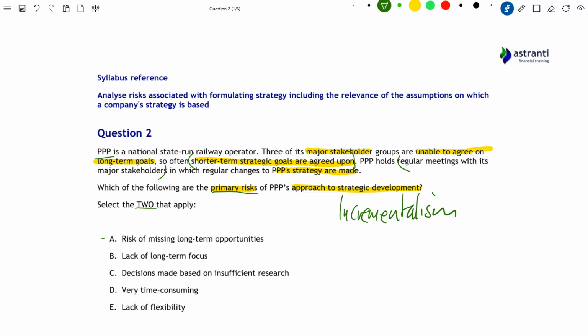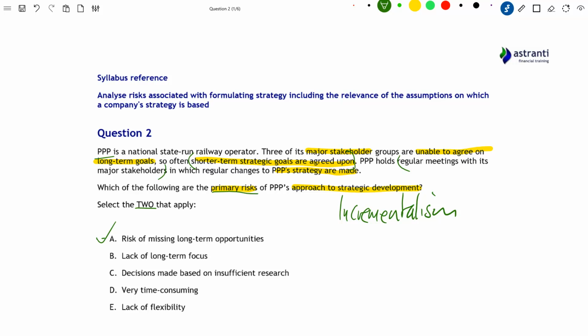Now, the risk with a short-term focus is that it may mean an organization loses out on long-term opportunities because the organization is focusing on the short term, and to get these long-term opportunities, it may mean short-term sacrifices which the stakeholders are unlikely to agree upon because they're only looking at the short term rather than the benefits it will bring in the long term. So that's a correct answer.